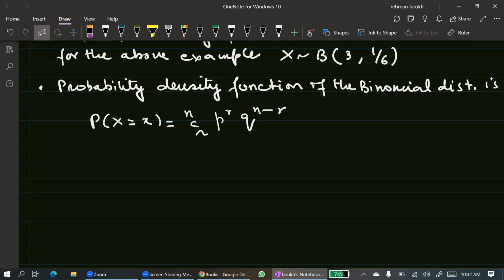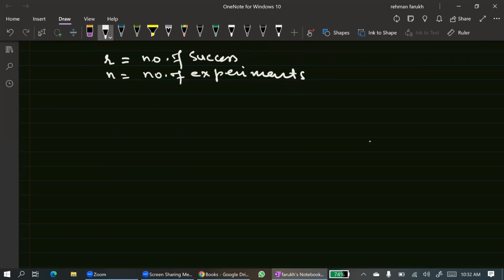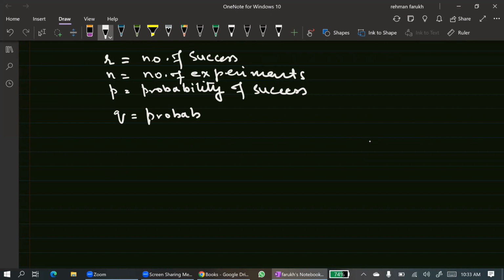Now, r is the number of successes, n is the number of experiments, p is the probability of success, q is the probability of failure, and q is equal to 1 minus p.